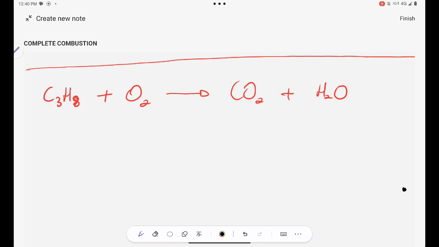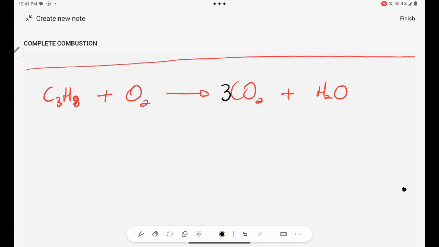How do we balance the equation? The number of hydrogens on the left should be equal to the number of hydrogens on the right. Same applies with carbons as well as oxygens. How many carbons do I have on my left hand side? I only have 3 carbons, right? But on the right hand side there is only 1 carbon. For me to have 3 carbons on the right hand side, I must multiply by 3 there.